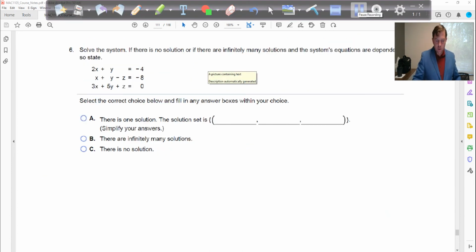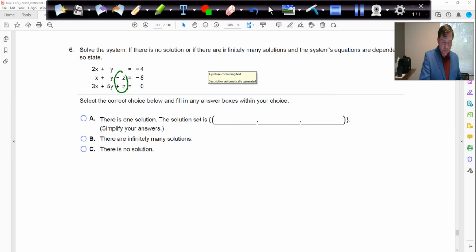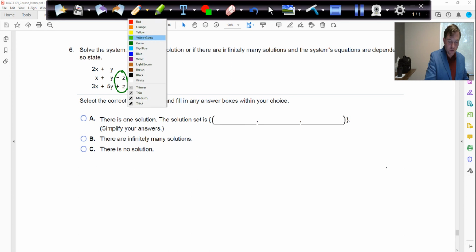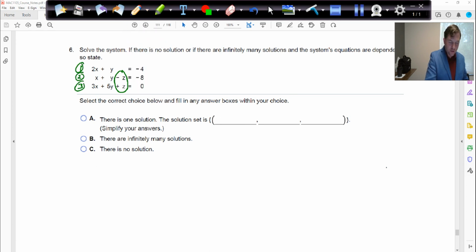Okay, so in problem 6, your eye will hopefully start to jump to stuff like this. We have 2 variables, one's minus, one's plus, they have the same number in front, it's 1. So if we simply add equations 2 and 3 together, we will get rid of a variable. And that's always our goal, to get rid of a variable. So let's take 2 and just add it right away to 3.